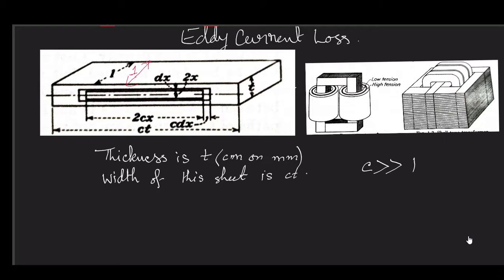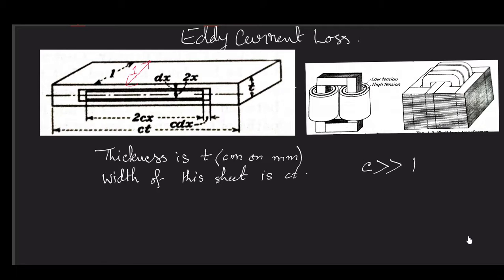So what is the volume? That is Ct into t, Ct square into l. So Ct squared l, and the unit should be length cubed, right? Now here, this direction is perpendicular to the cross section.